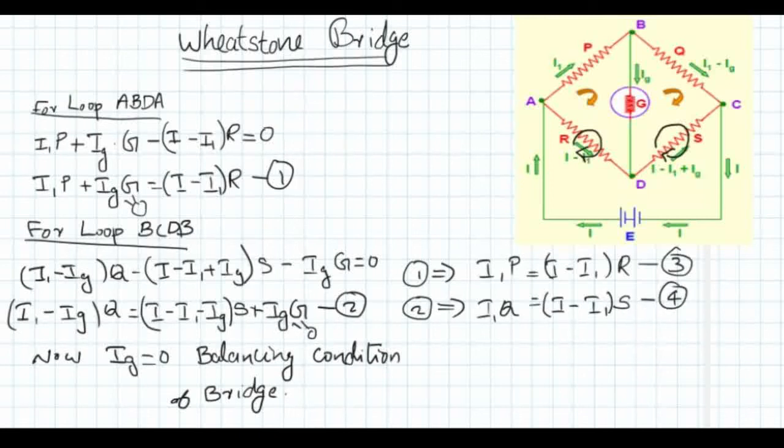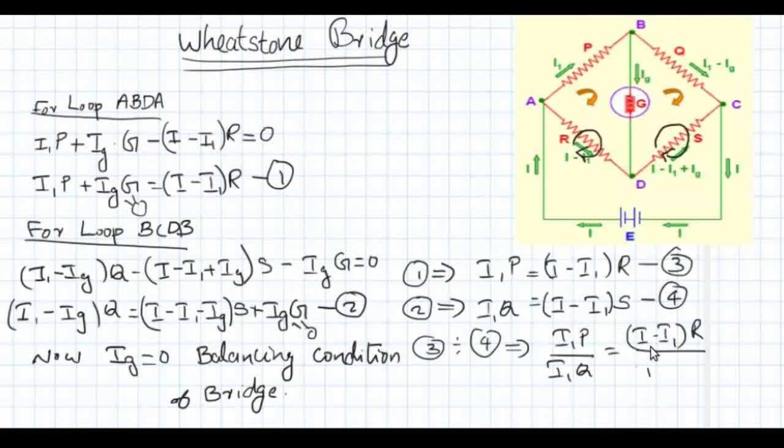Now we are dividing equation 3 by equation 4. So on the LHS it is I1P by I1Q equal to, on the RHS, (I minus I1) into R divided by (I minus I1) into S. So the common terms will be cancelled.